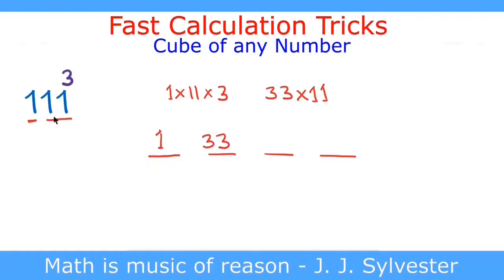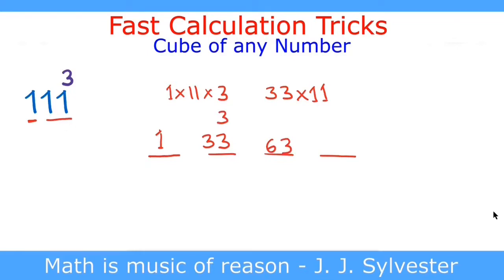Now we multiply 33 by the second portion of the number 111, which is 11. So 33 multiplied by 11, and we know the short trick of multiplication of any number by 11. So 33 multiplied by 11 is 363. So we write 63 and carry 3 and write that 3 above 33.